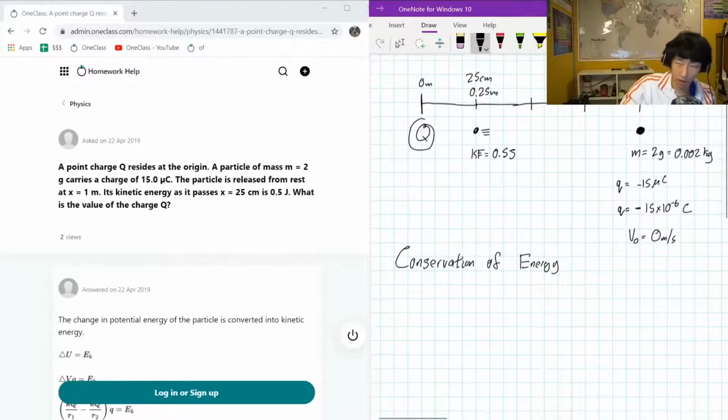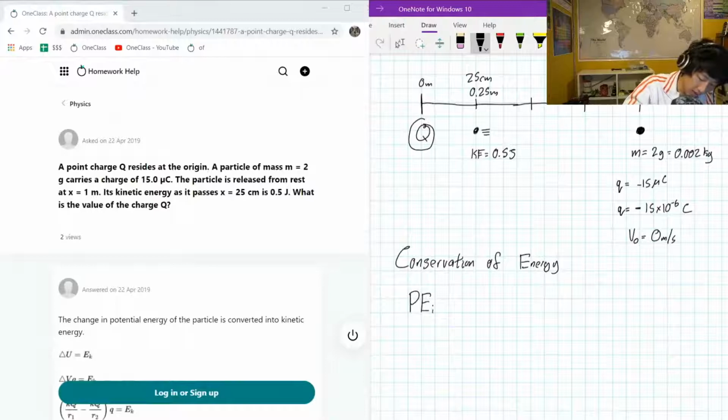In this case, we have our initial potential energy, PEi, plus our initial kinetic energy, but we actually don't have a kinetic energy. It's 0, it starts at rest. And we're going to equate this to our final potential energy, PEf, plus our final kinetic energy.